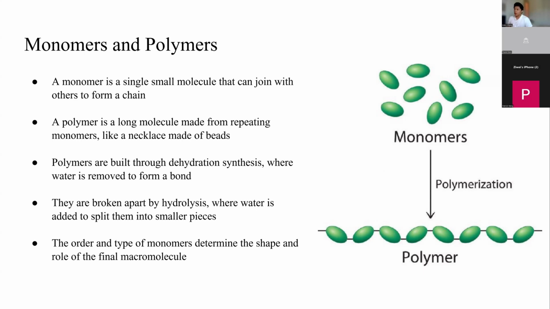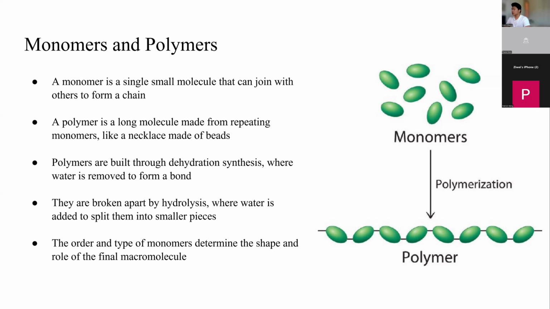And polymers are built through a process known as dehydration synthesis. Water is removed from a bond in order to join two separate molecules together. And we will see more of that later in the slides. And polymers can be broken through hydrolysis, where now we add a water to break this polymer apart.